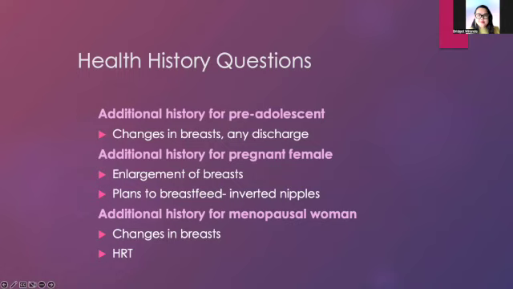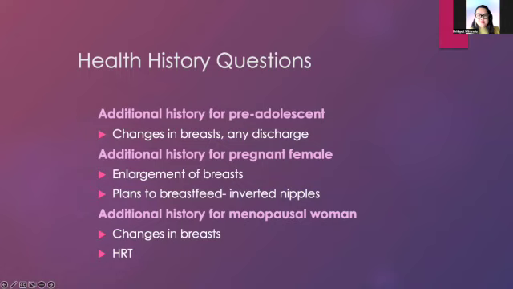Additional health history, if it's pre-adolescent, you want to know, when did the breast changes start? Are there any discharge or unfamiliar secretions? In a pregnant woman, I want to know if they have noticed an enlargement of breast. And then also I want to talk about breastfeeding. Are there plans to breastfeed in the future?